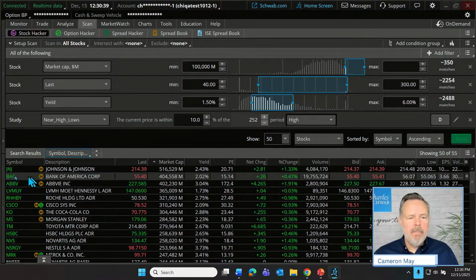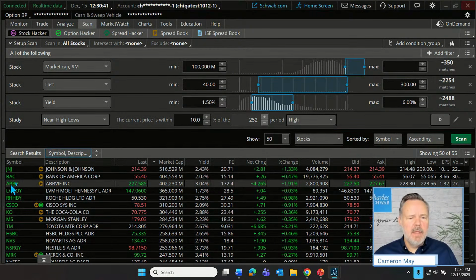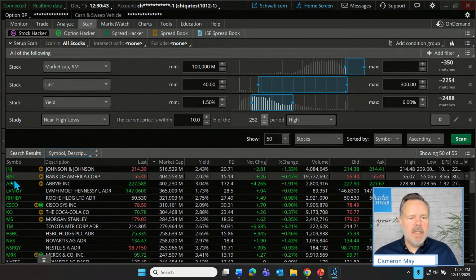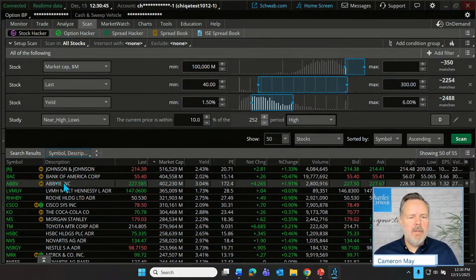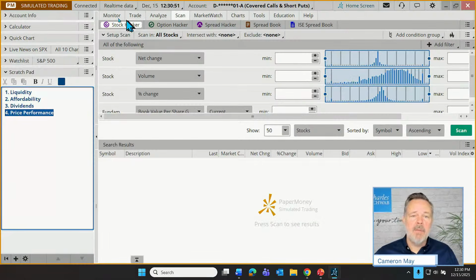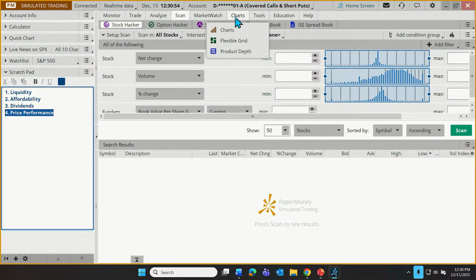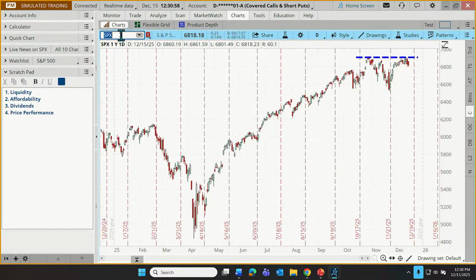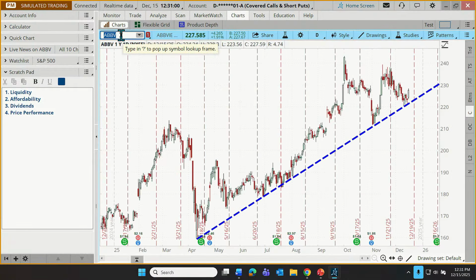And I was looking at this list, some of which we already have positions in. So I noted, let's look at ABBV. So let's go back over to our paperMoney portfolio, which is where we house our covered calls and short puts portfolio. And I want to look at what's going on with ABBV.